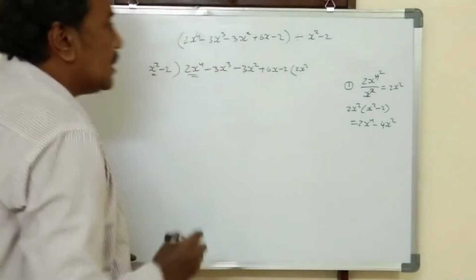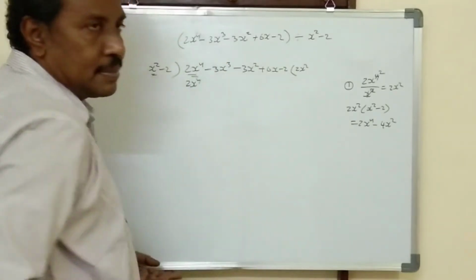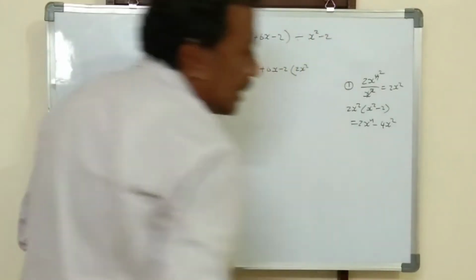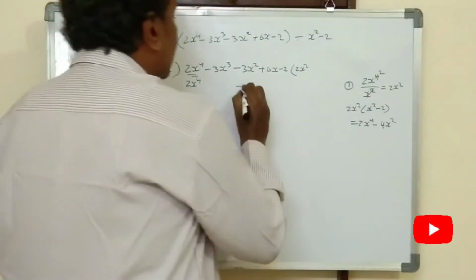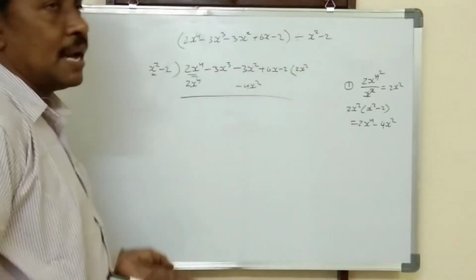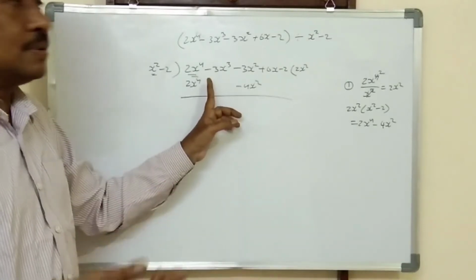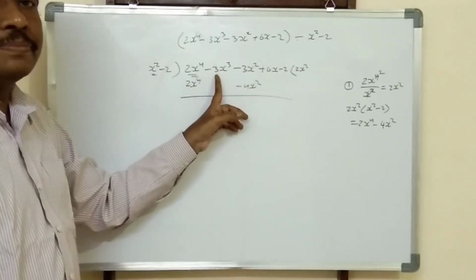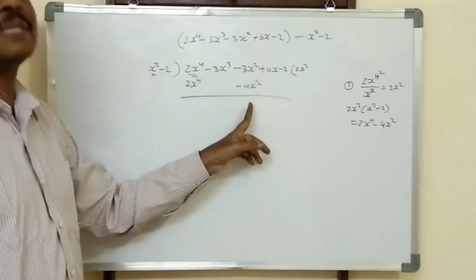So how do you place it? 2x power 4, this is x cube. So where do we have to place this x square? Underneath 3x square. That becomes 4x square. So this place will be vacant, because we have to simplify like terms with like terms. Here this is an unlike term, because x square should be placed under x square.